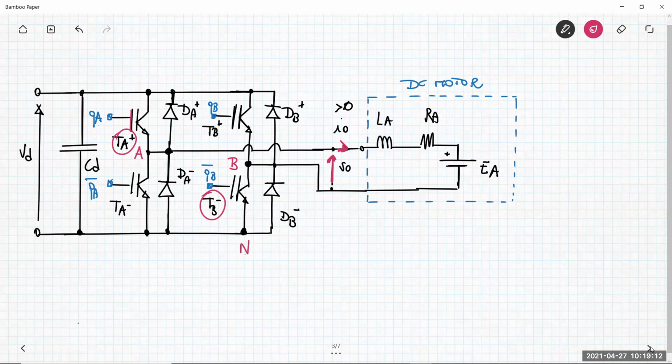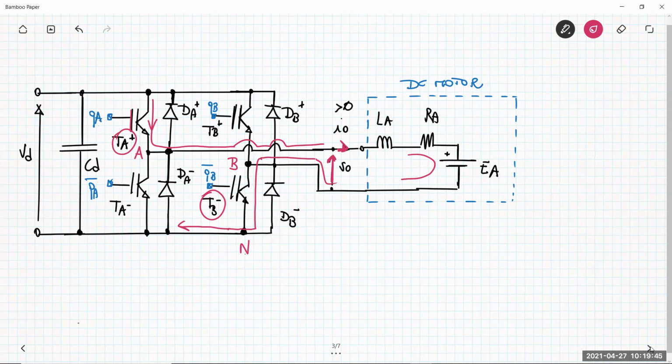So the current is positive, where can the current flow in the circuit? The current can go here, can return through the motor, and then go into TB, returning to the source.